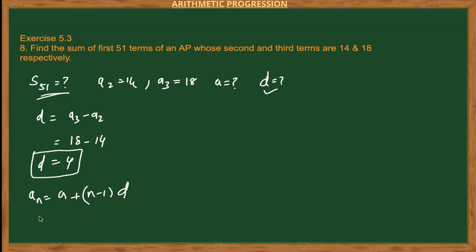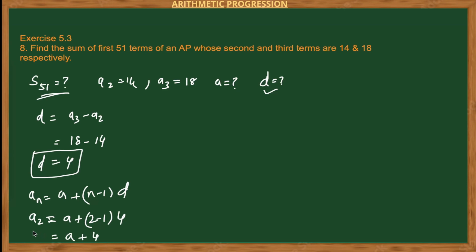Let's take a2. a2 is a plus 2 minus 1 into d, which is 4. a plus 2 minus 1 is 1, and 1 into 4 is 4.